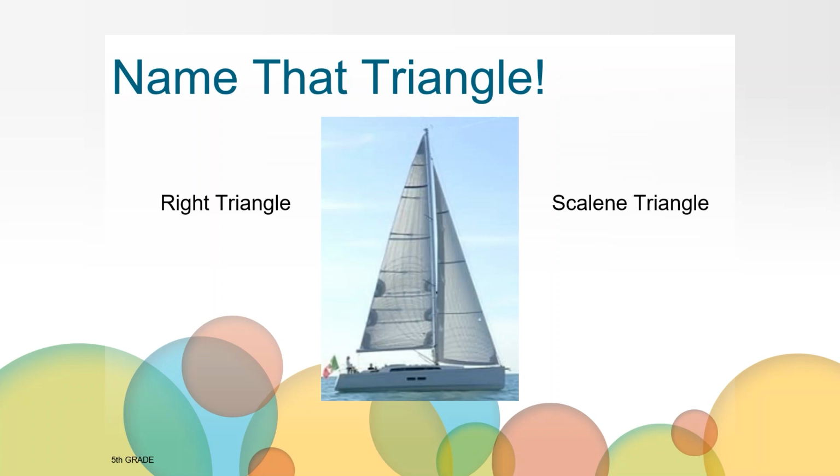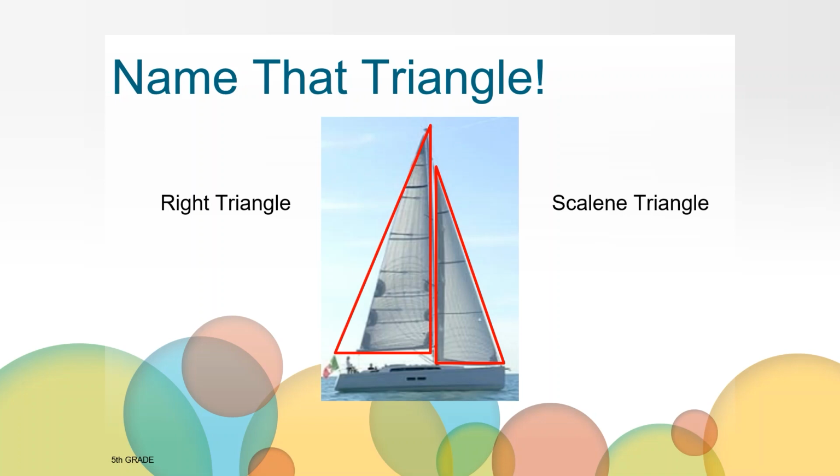Now take a look at this picture. What kind of triangles make up the sails in this picture? We can see that there is one right angle at the bottom of each sail. We can also use drawing tools to figure out that each sail has a square corner, or a right angle.